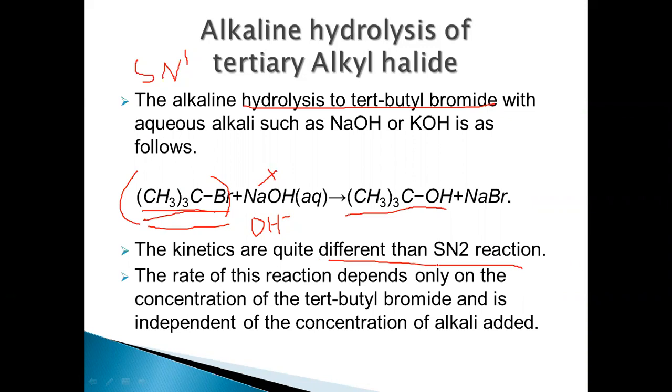But in the SN2 reaction, the rate is dependent both on the concentration of the alkyl halide and also the alkali. But here the rate is dependent only on the concentration of this alkyl halide. This is the major difference between SN1 and SN2 reactions.